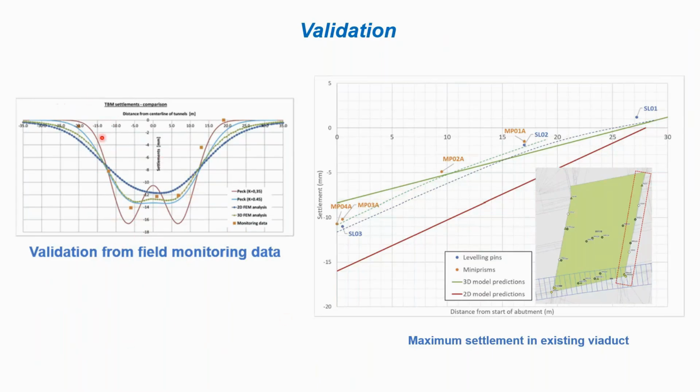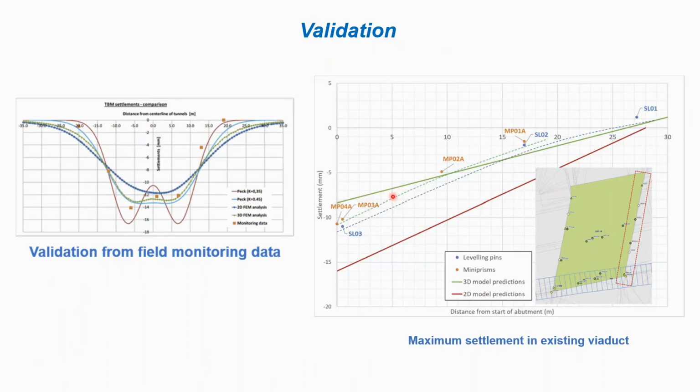As we can see, these are the monitoring data with this orange dot, and this green line is for the 3D FEM analysis, and the other one, this blue line, is for the 2D FE based analysis. And apart from that, these are some methods proposed by PEC. So as we can see, the 3D model results give a closer match with the actual field monitoring data.